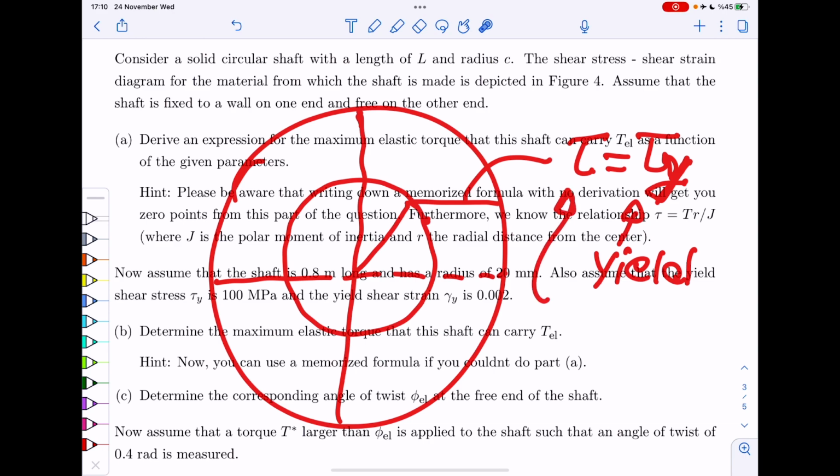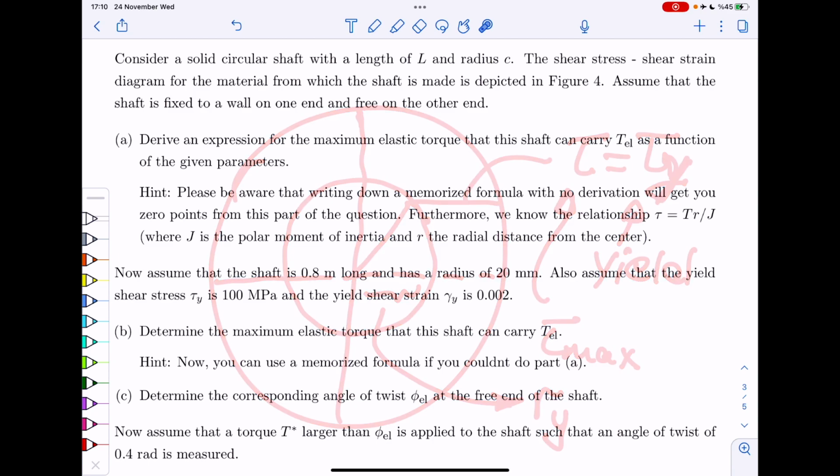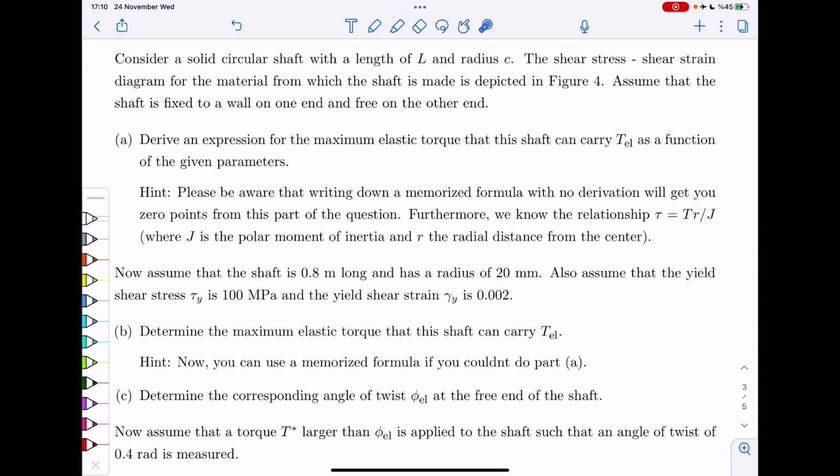So that means your tau max becomes your yield stress. And this is the radius of the elastic core. We call it Ry. In the first part of the example, you are asked to derive an expression for the maximum elastic torque that the shaft can carry. There are two ways of doing this. First of all, the relationship is given here.